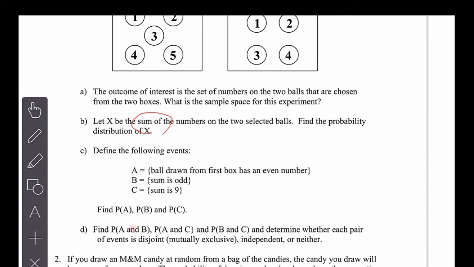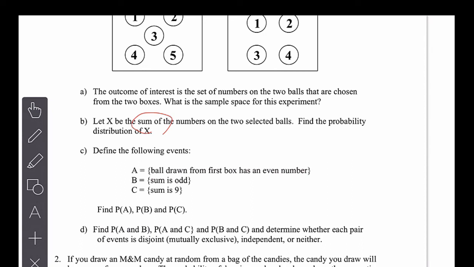Find the probability of A and B. All right, so now I'm considering these as two events. You can think of the Venn diagram. And what I want to know is, do these events overlap? Is it the case ever that the first ball drawn is an even number and that the sum turns out to be odd? Does that ever happen?